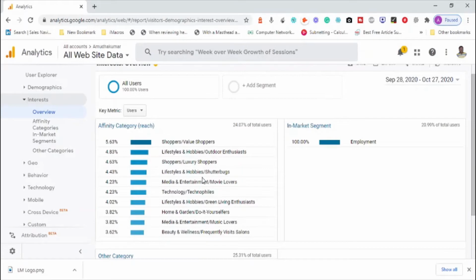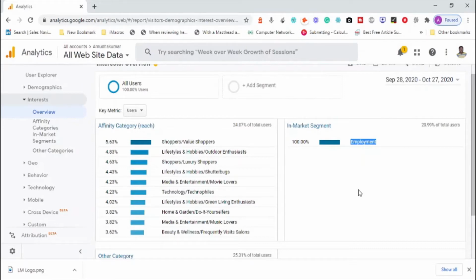Every website or content that you create is categorized under one of these areas, and out of these, my website is easily ranking or showing to people related to employment, somebody looking for a job opportunity related to digital marketing and all of that. So they are highly interested in my website content, is what I can understand.